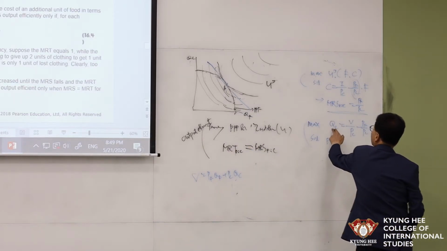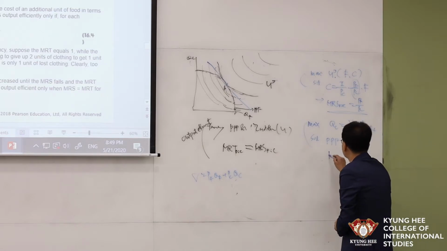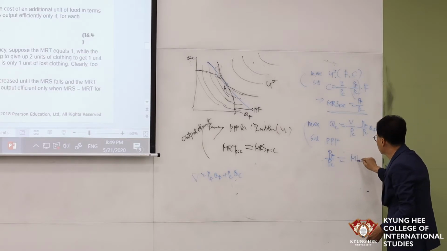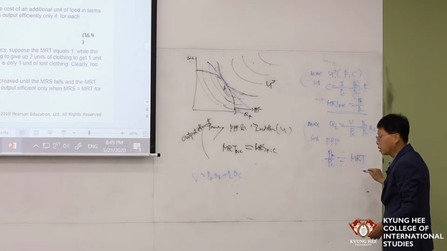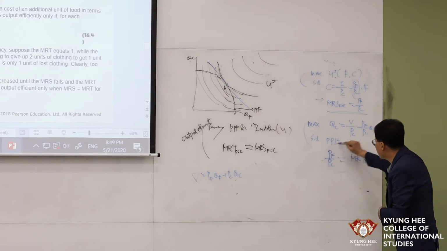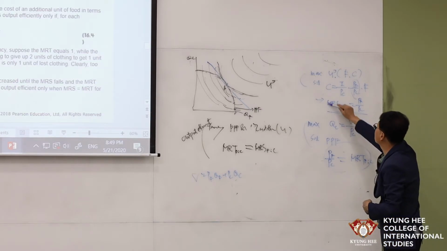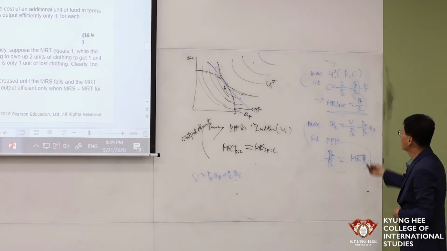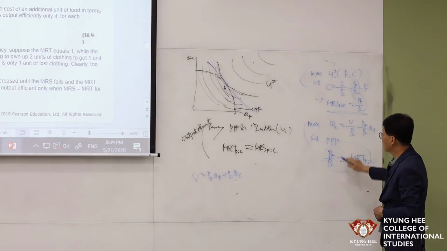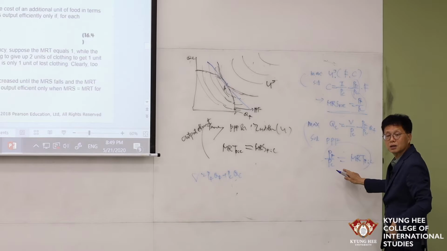The slope of the iso-value line, PF over PC, should be equal to the slope of the PPF, that is MRT, food for clothing. That is the value maximization condition. That is the utility maximization condition, the equilibrium condition from the perspective of consumer theory. That is the value maximization condition in production.